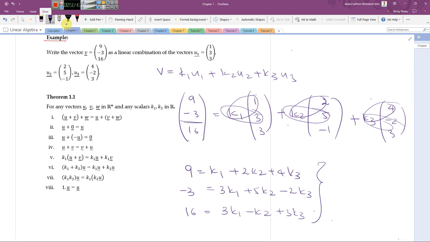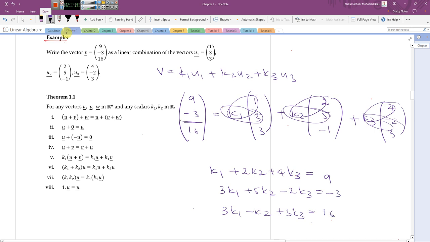You can write the constants on the right hand side of the equations for ease; that is the conventional way of writing an equation. So this will be 9, -3 and 16.